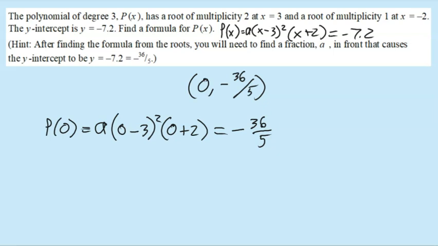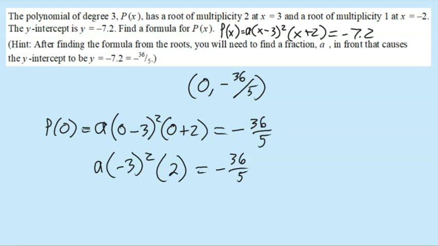So we're going to ignore this p of 0 just for a few minutes. We're going to say a times, what's 0 minus 3? Well, that's negative 3, and we're squaring it. So squared times, what's 0 plus 2? Well, that's just 2. And this whole thing is going to be equal to negative 36 over 5.